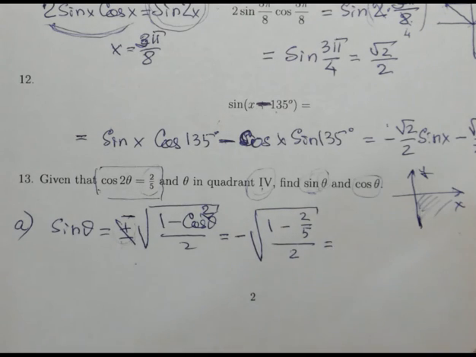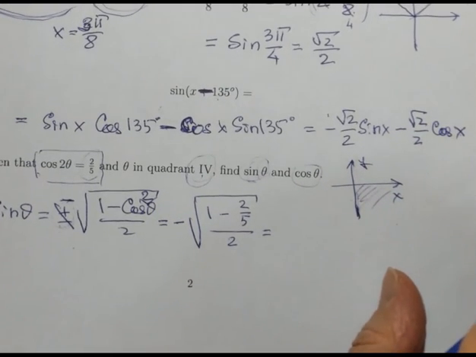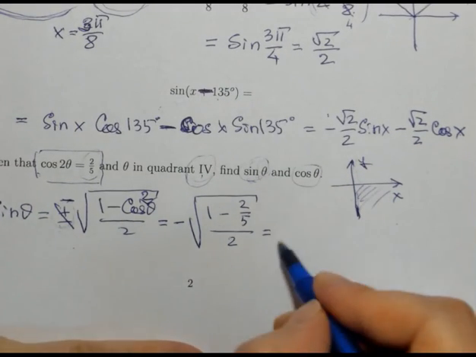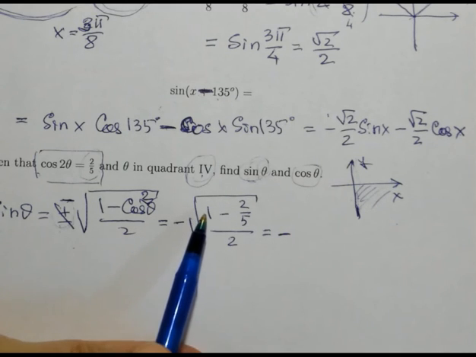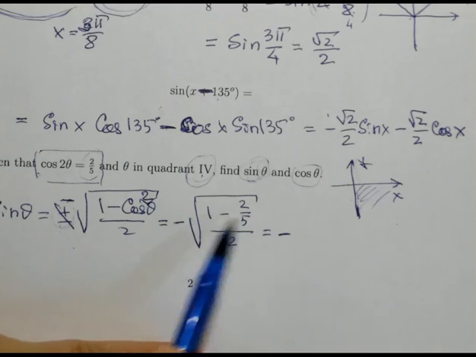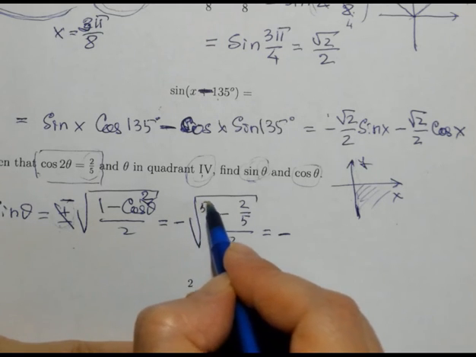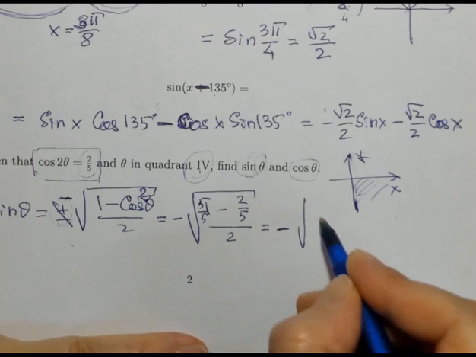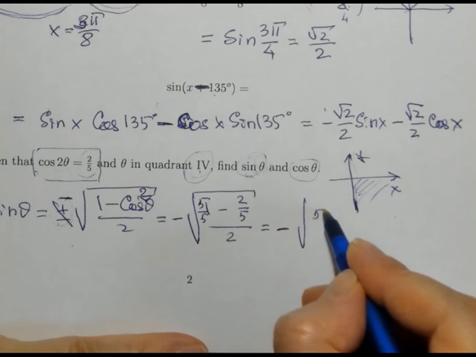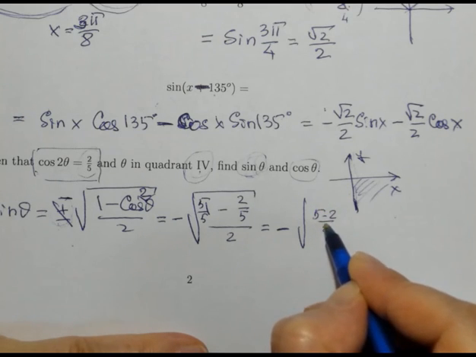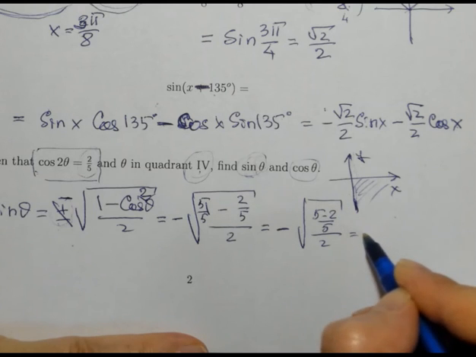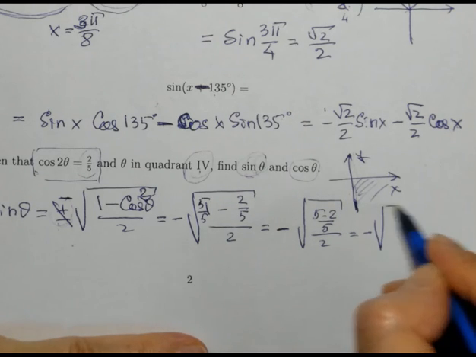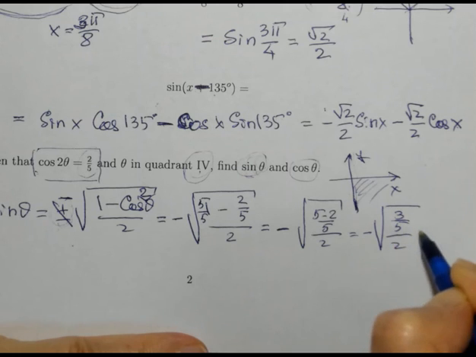Now we have to simplify this complicated expression. We have 1 minus 2/5 in the numerator. Let us represent 1 as 5/5. Then we have the same denominator, and 5/5 minus 2/5 will be 3/5, divided by 2.